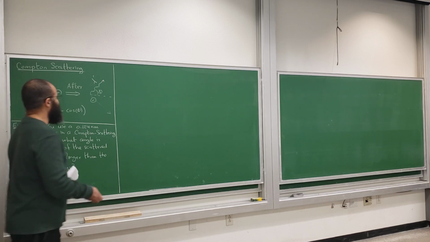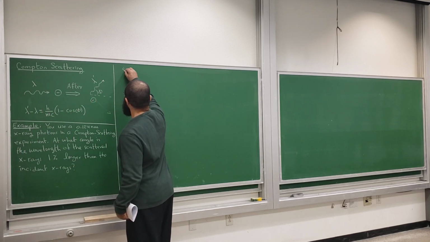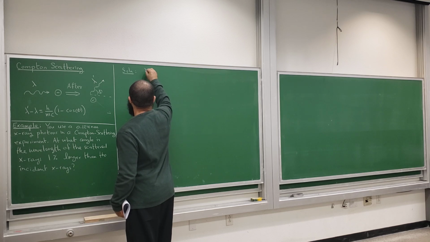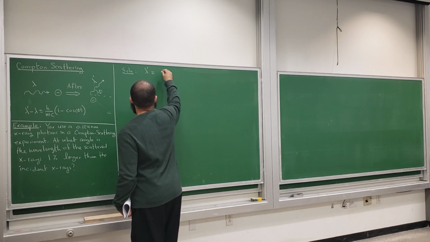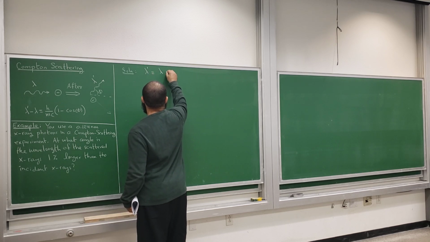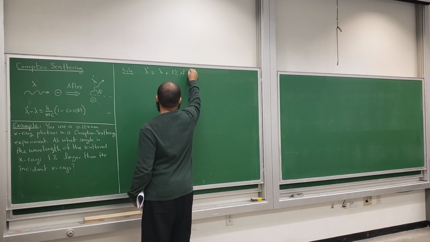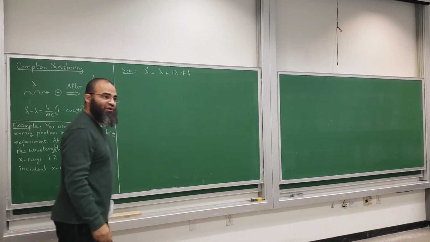So what does it mean? It means lambda prime is equal to lambda plus 1% of lambda, right? Just to translate it in words.